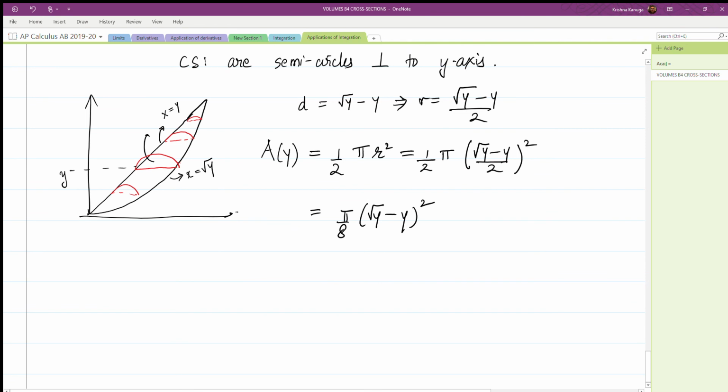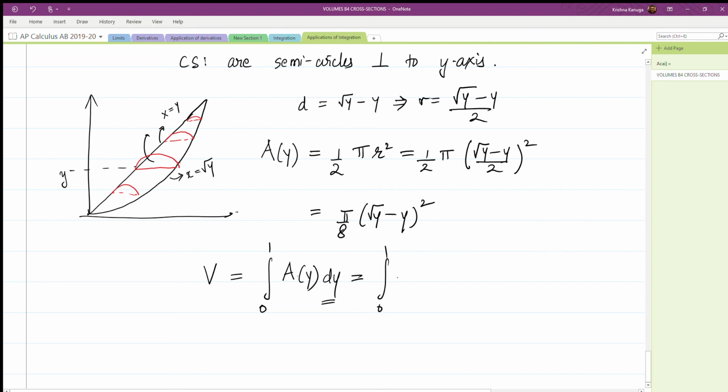Now we have the area of the cross section, so the volume is the integral of A as a function of y with respect to y. This is the difference here. Then y goes once again from 0 to 1 because that's where they intersect.